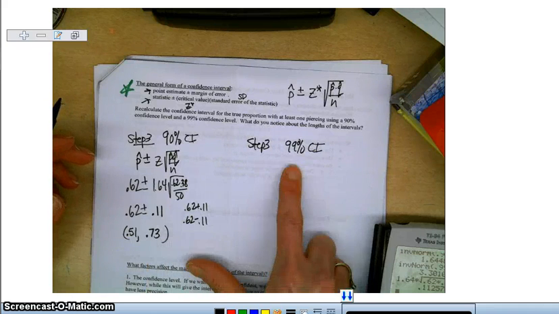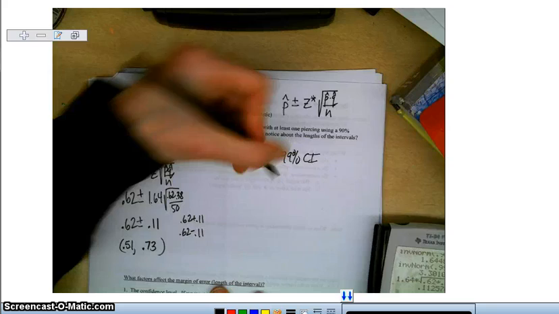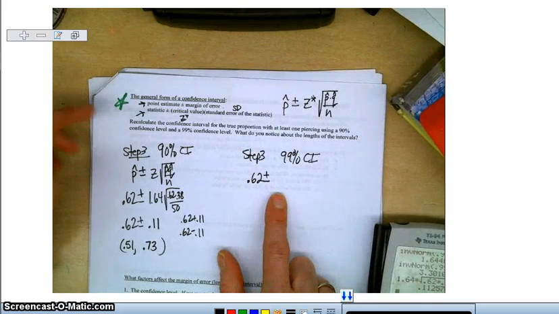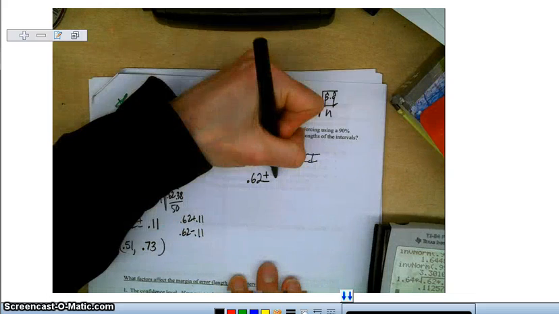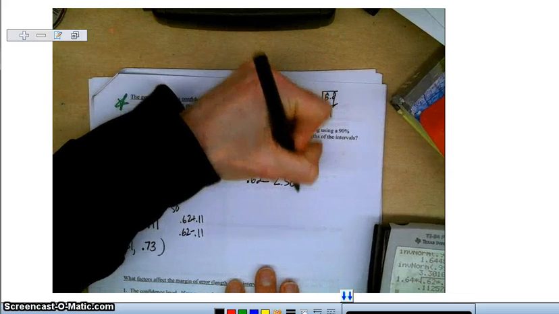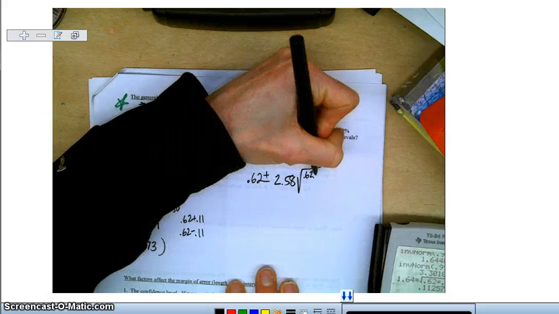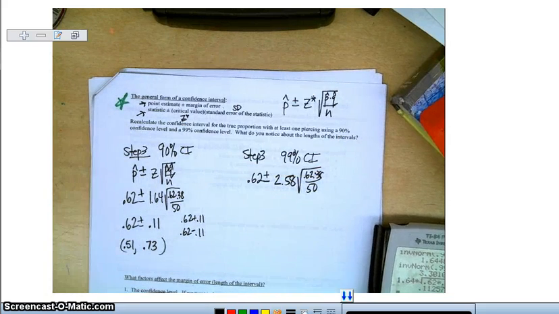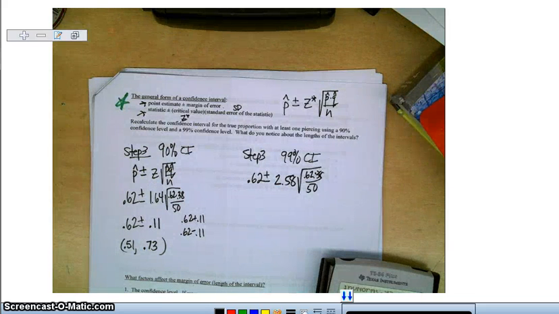Okay, now 99% confidence interval. 0.62 plus and minus, what is the z-score, or the standard number of standard deviations? 2.58 times the square root of 0.62 times 0.38 divided by 50. Again, the only thing that changes is that critical value, the number of standard deviations you can go.